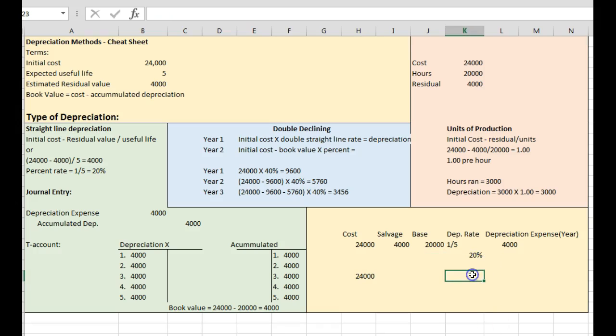So my depreciation rate becomes 40% instead of 20%. And I do not take the salvage or the residual into account at this time.